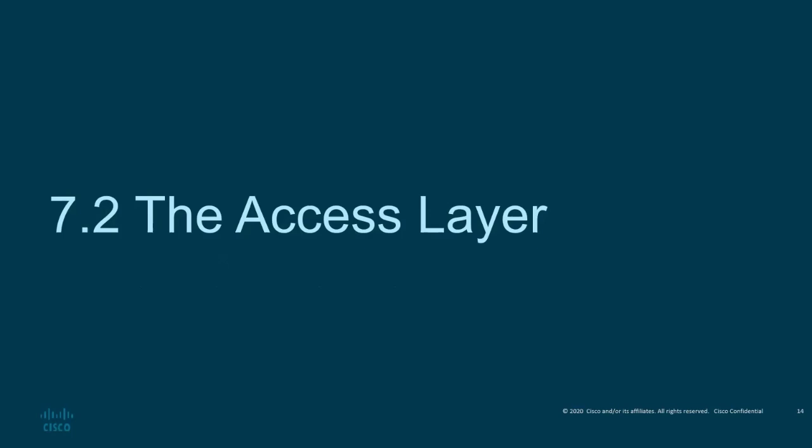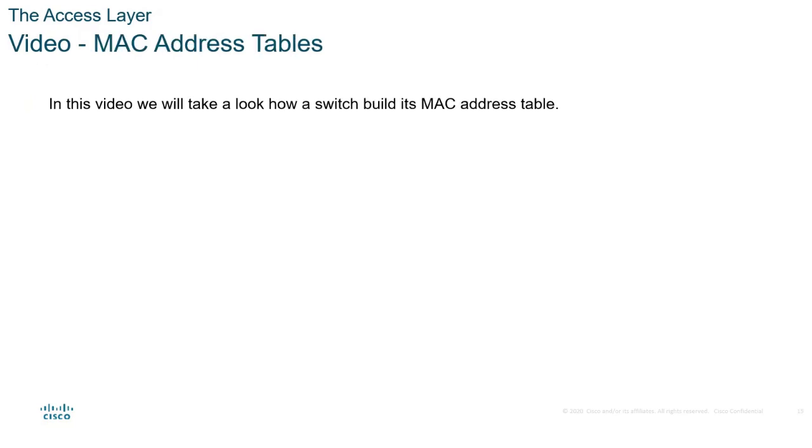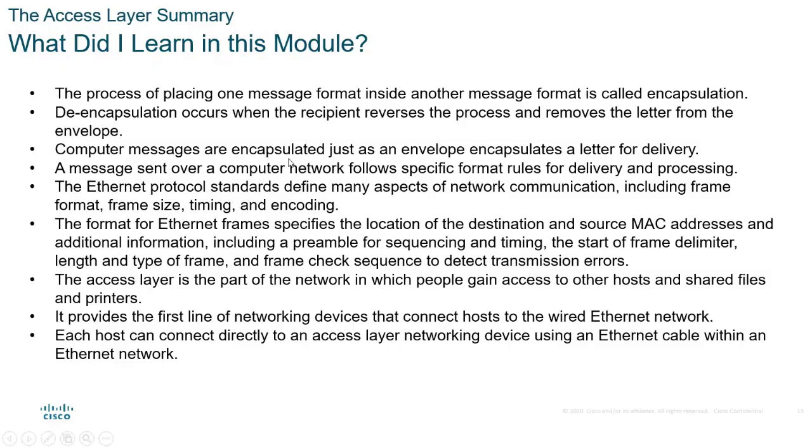Then the actual data will get to the application that it is meant for. And that is how the network access layer operates. So summarily, the process of placing one message format inside another message format is called encapsulation.